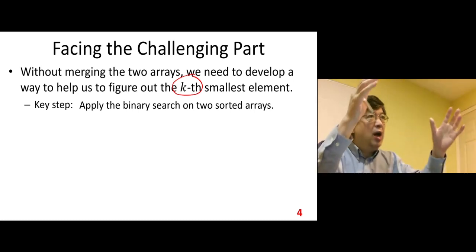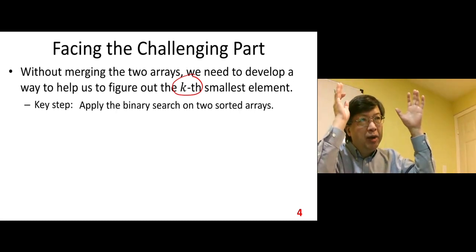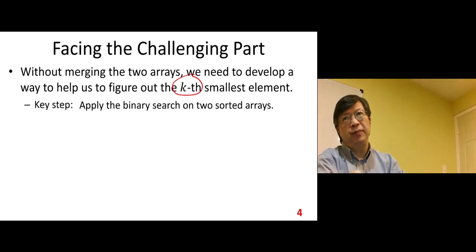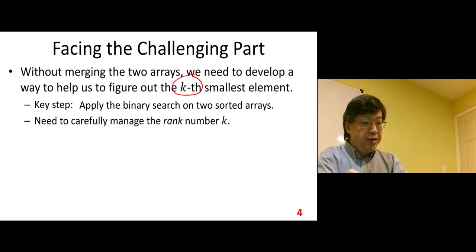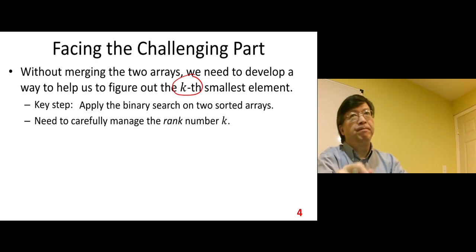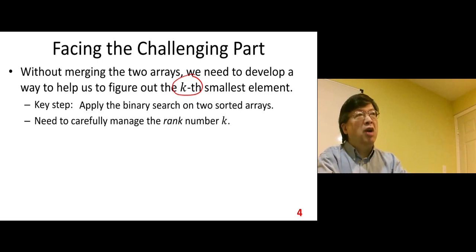How do we apply binary search? That's not easy. That's the challenging part. We need to carefully manage the rank number k. How do we manage or control this rank number k?